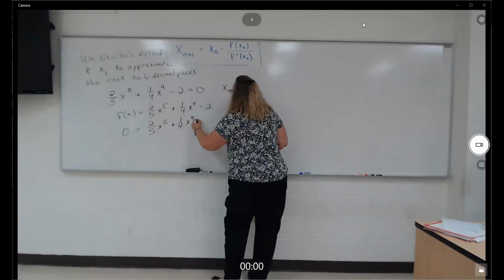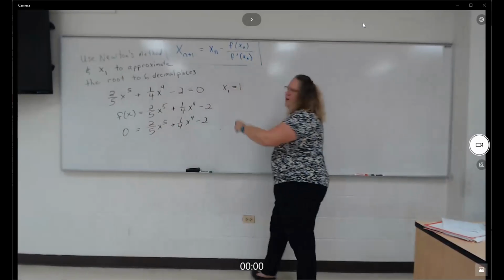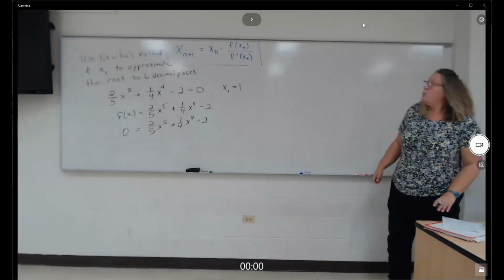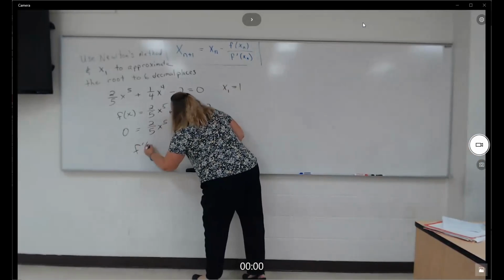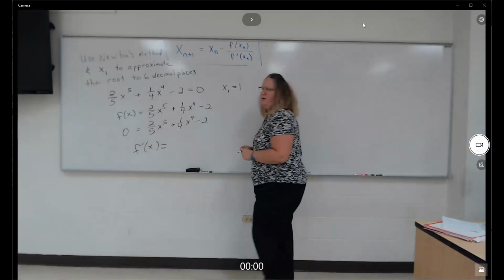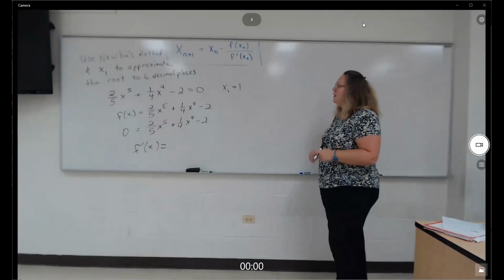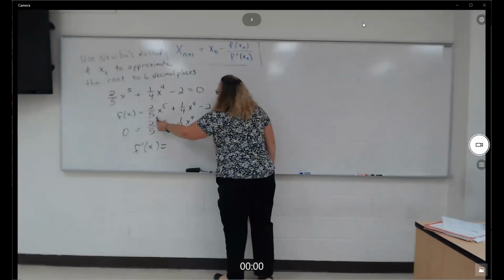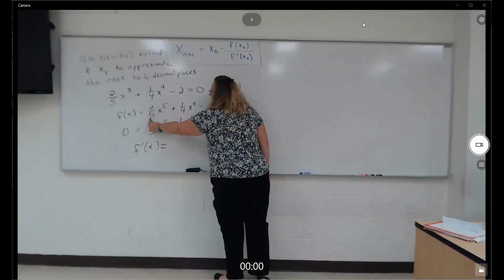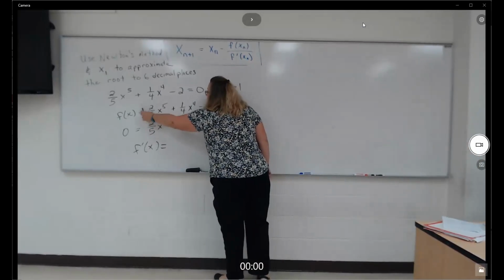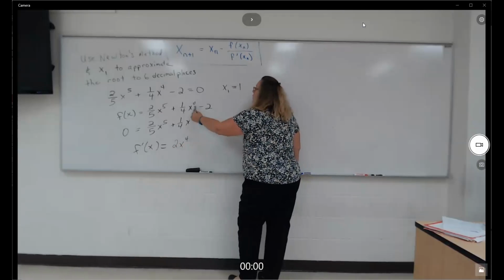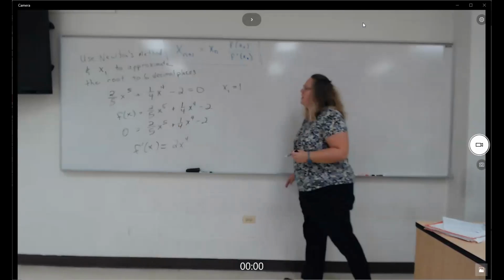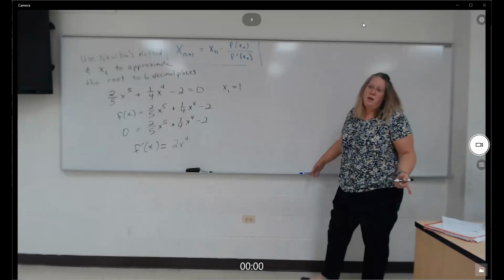I'm rewriting this, but that's okay, just so you kind of see how that all goes together. But we might want to write it as f of x because the other thing it calls for is the derivative. So it was a little messy, but what is the derivative? When we roll it down, the 5s will cancel, and so we'll have 2x to the 4th. When we roll this down, 1/4 times 4 is 1.